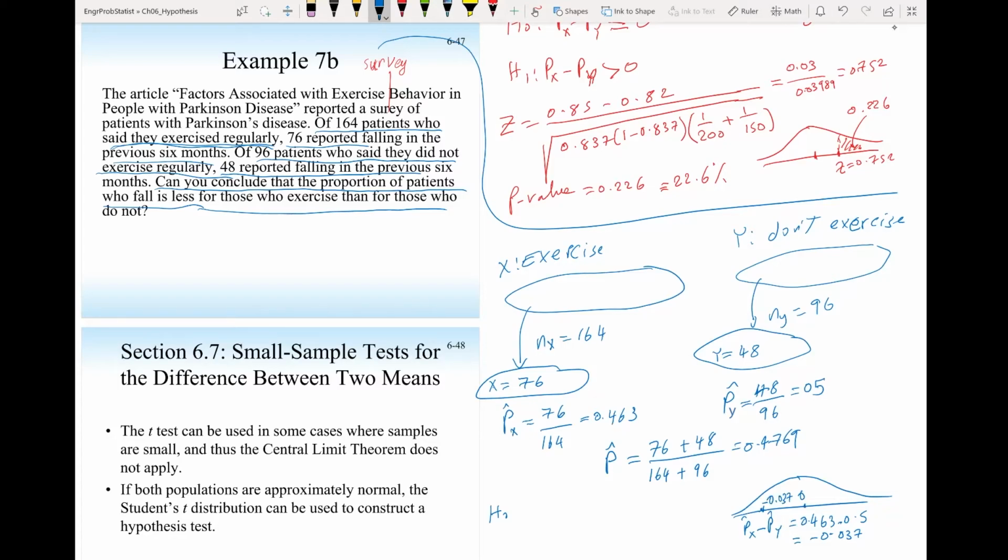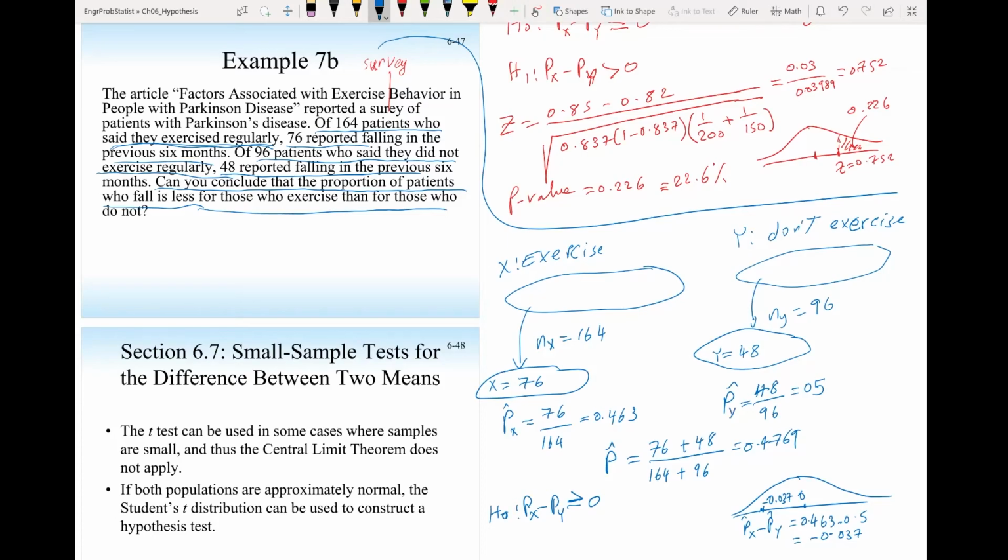Okay, so the evidence shows it's less than 0, so automatically my null hypothesis would be the proportion of X minus the proportion of Y equals 0 or even more. That means exercising make no difference. The proportion of falling with patient exercising or don't exercise is just the same.